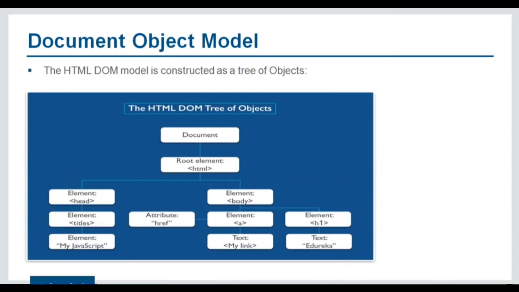The HTML DOM object tree looks like this: the first object is the document. Within that, the root element is HTML. Within the root element, there are two sub-elements, head and body. Within head, you might have elements like title. Within body, you may have many elements like an anchor tag, an h1 tag, an input tag, or a button.